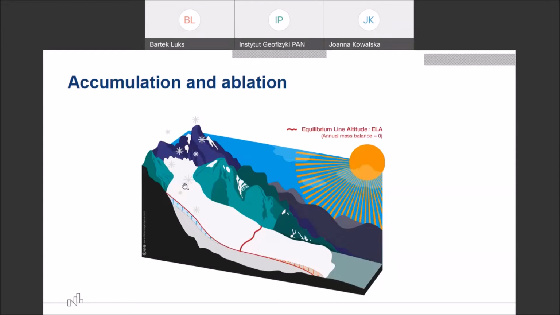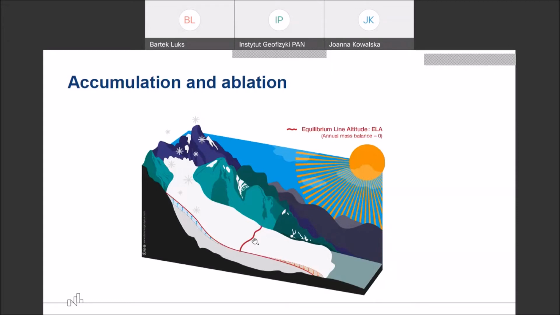It does not mean that snow does not melt here, but in terms of persistence of snow, in the accumulation area, there's always some snow left, or there's no ice melt. And in the ablation area, all the snow melts during the summertime, and quite often also glacier ice melts out.